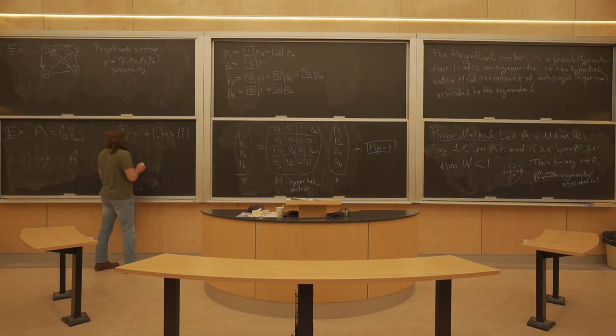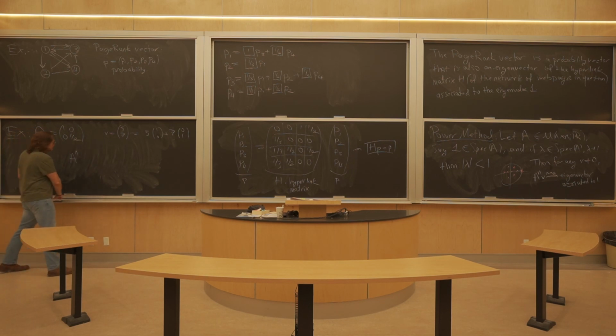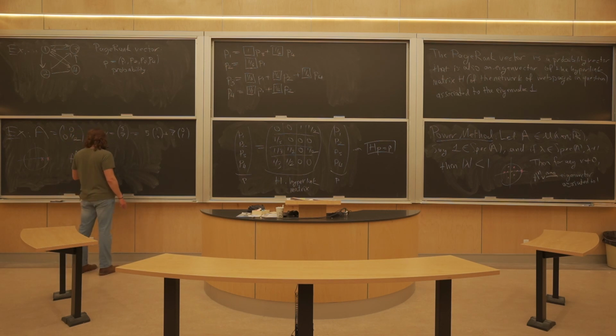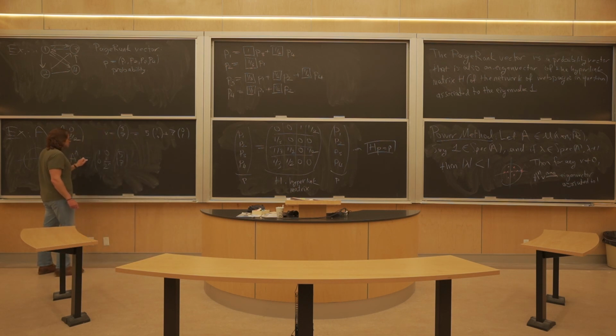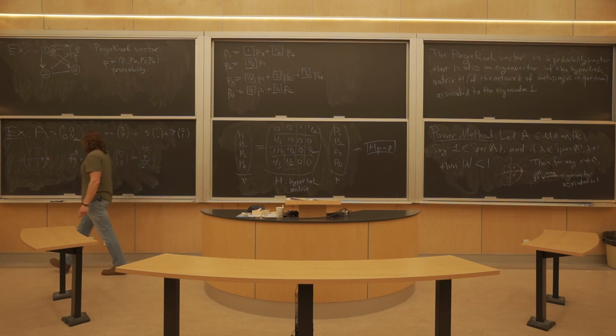Let's be even more specific. (5, 7). Certainly, this is not an eigenvector. It's some vector. And I'm taking powers of it. So I'm taking the nth power of A multiplying V. And so what is this? This is (1, 0; 0, 1/2^n) times (5, 7), which is (5, 7/2^n).